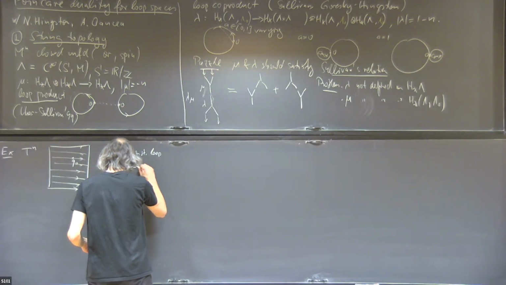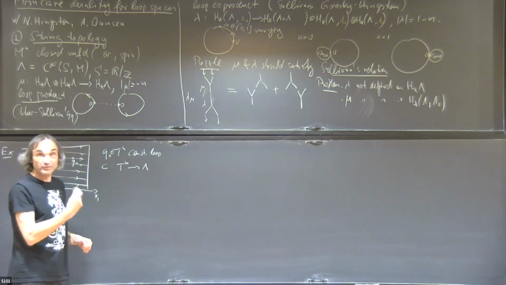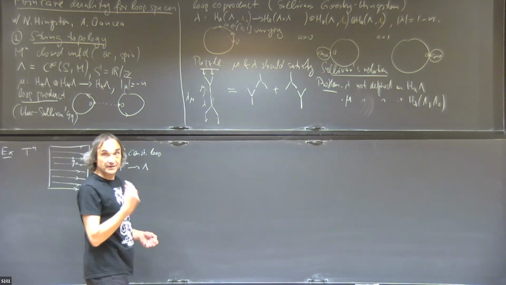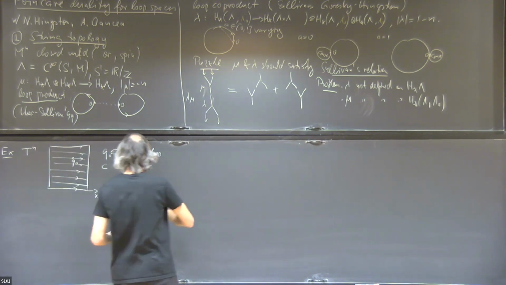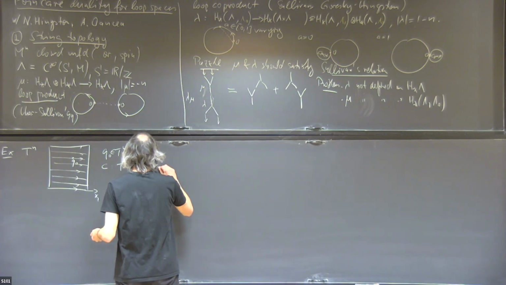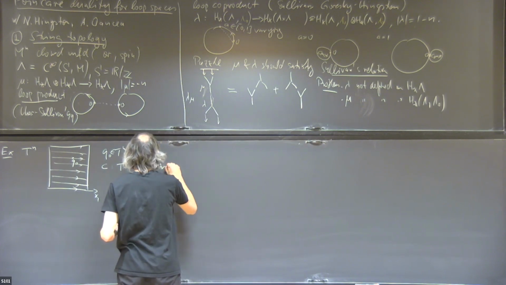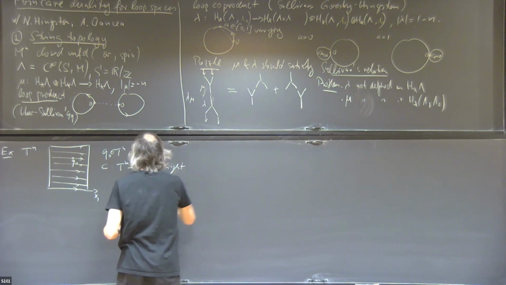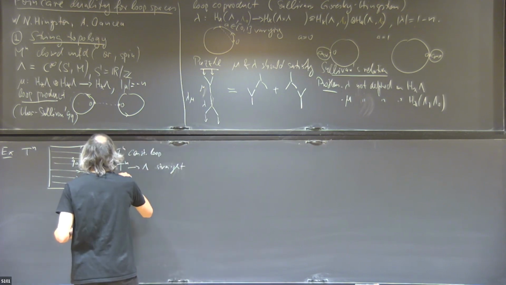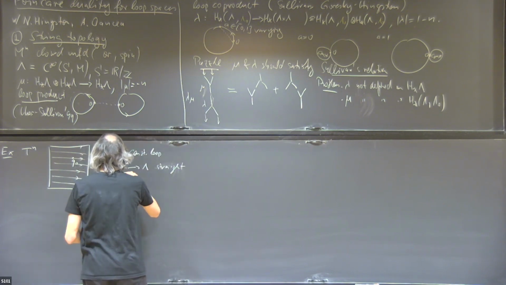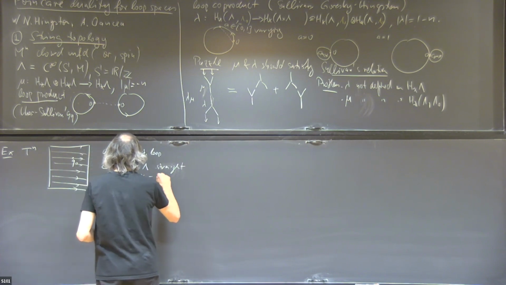It's going from the torus into the loop space. It's an n-dimensional homology class. So not loops, I mean straight lines, in the x1 direction.